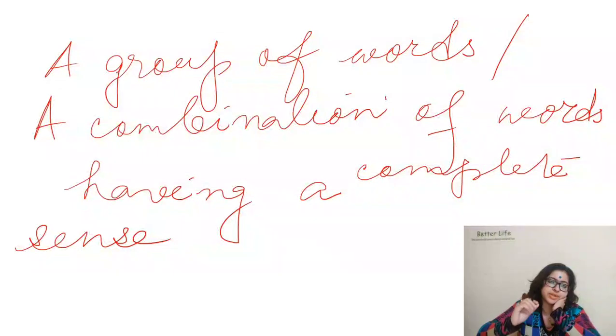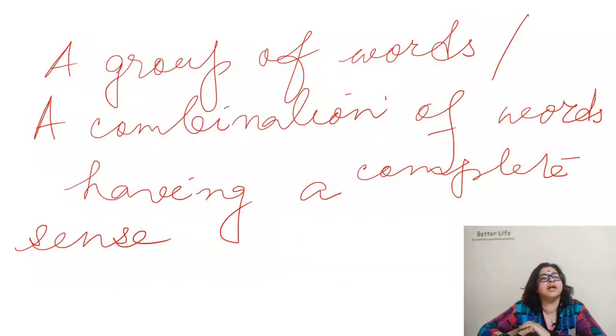So if I replace this complete sense with clear sense or clear meaning, then all the sentences that I have mentioned above are intelligible, and these problematic aspects of what is a complete sense go away.